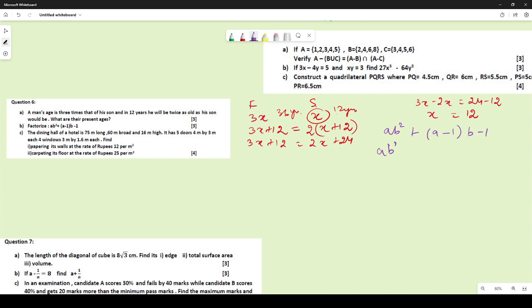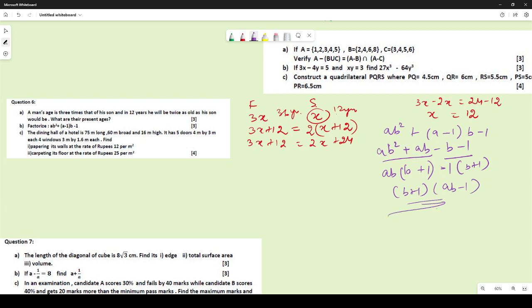AB square plus AB minus B minus 1, इतना खाली देखना था. यहाँ क्या हो गया, AB कॉमन हो गया, AB into B plus 1, यहाँ माइनस 1 बाहर करो, B plus 1. So the factors will be B plus 1 into AB minus 1. This would have been your answer.